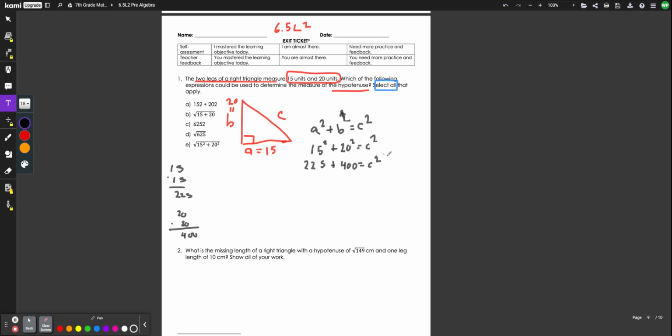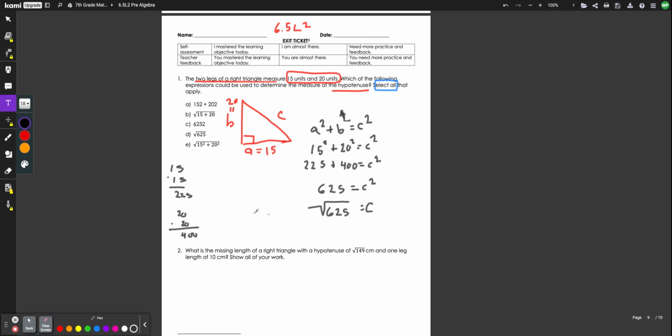Now we're not looking for c squared, we just want to know what is c. So that means I need to add these two, which gives me 625, and that'll be equal to c squared. And in order to find c, I take the square root of 625. So the square root of 625 is equal to c.